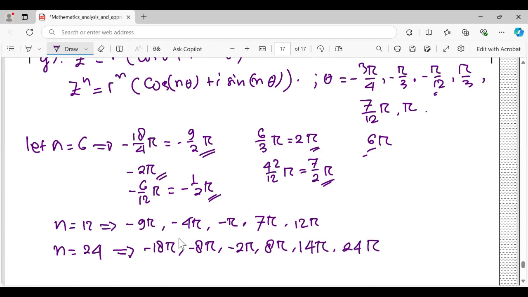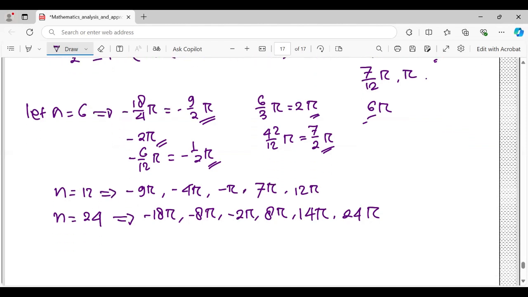Look that these angles are multiples of 2 pi. So the conclusion for this part G is that n equals 24.